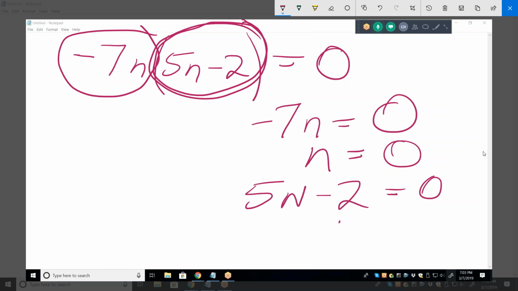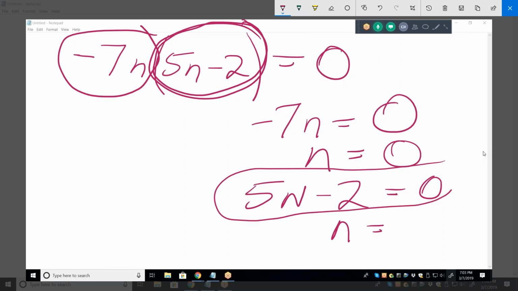Well, what solution does this one give you? Zero. Solve this equation. Algebra is always about solving an equation. That's what algebra is.